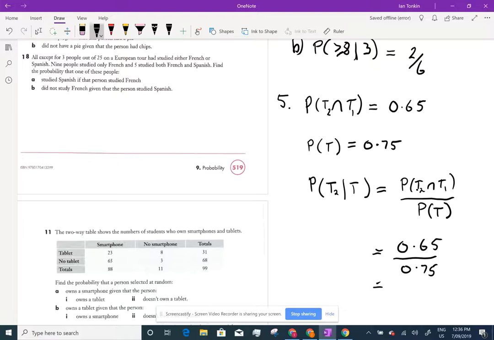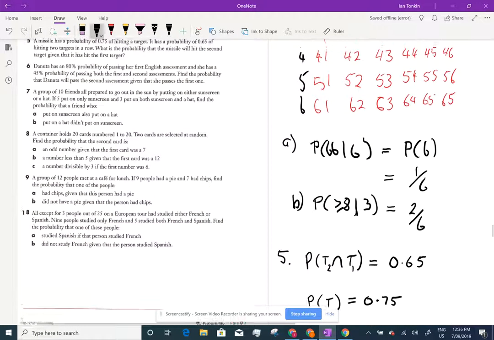And I get 0.86 repeating. I'm just going to check the solutions for that one. Question 5, 0.86 repeating. So that was a nice easy one.